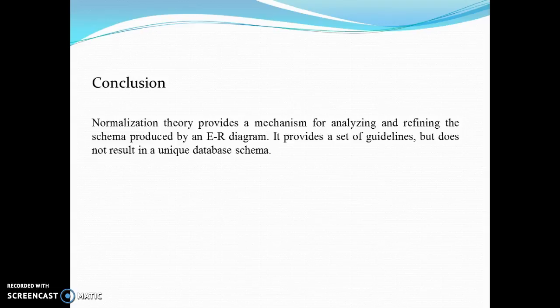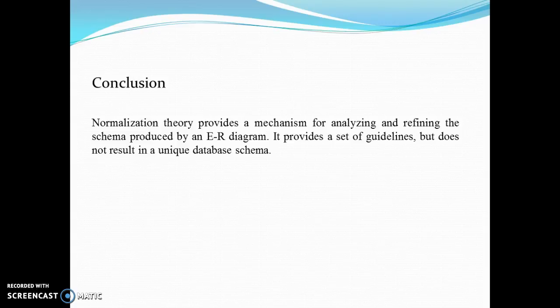So we may conclude by saying that normalization theory provides a mechanism for analyzing and refining the schema produced by an ER diagram, and it provides a set of guidelines but does not result in a unique database schema. That means in every normal form, each and every non-prime attribute must be dependent on the primary key.